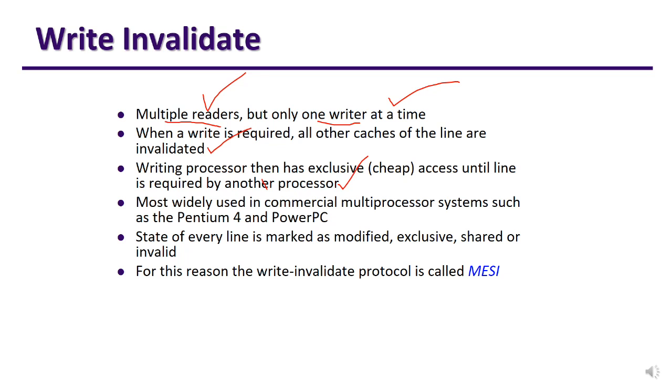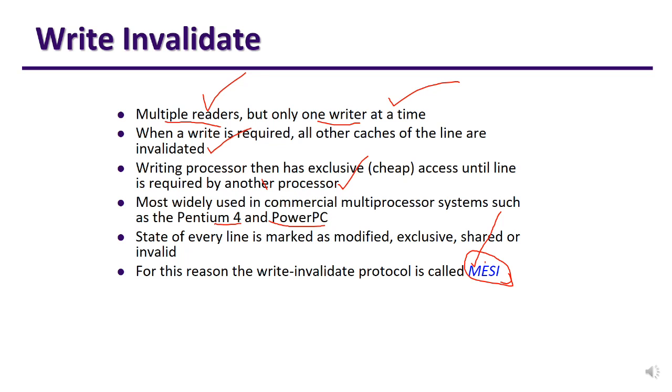The one processor who has started the writing can make changes with exclusive. Mostly used in Pentium 4 and PowerPC. And this is called MESI. MESI means a line would be either modified, meaning it has been changed by another processor, or exclusive.